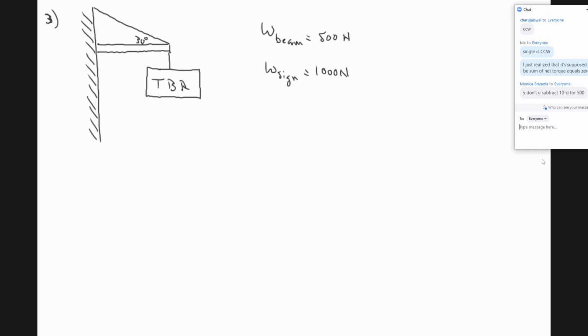I want to know what is the tension in the cable. So I want to find this tension.